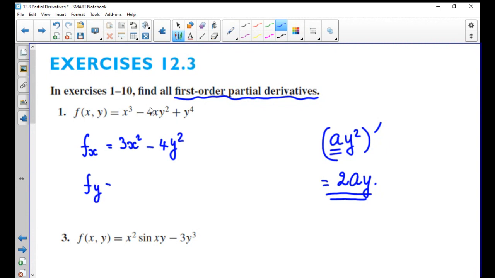And then the fy is minus, this is where maybe some of you were struggling a little bit, minus 8xy, yeah, and then plus 4y to the power of 3. So please check your answers. They should be these two answers. Are we okay with this?